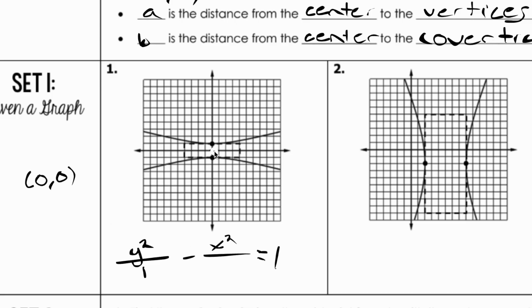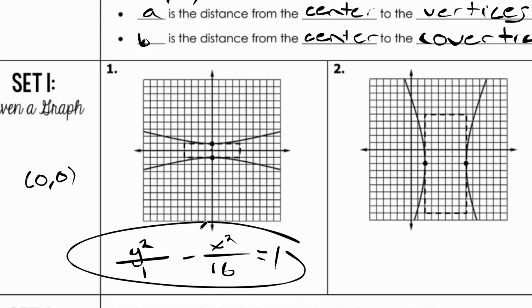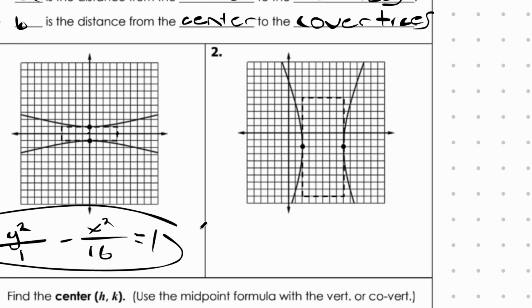And here, if we count in this direction to our co-vertex, which would be right here, that would be 4 units. So our b value is 4, so b squared is going to be 16. And that's going to be our equation. Oh, that was real bad. Yeah, just don't mind that. That's going to be our equation for this graph.